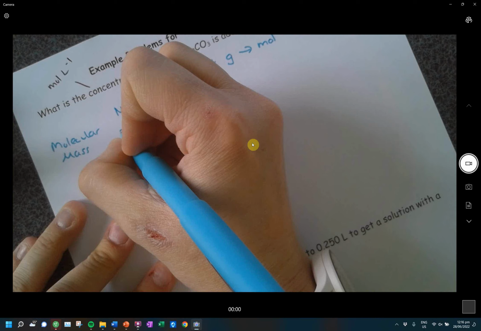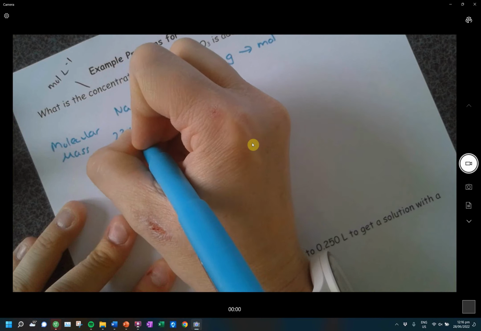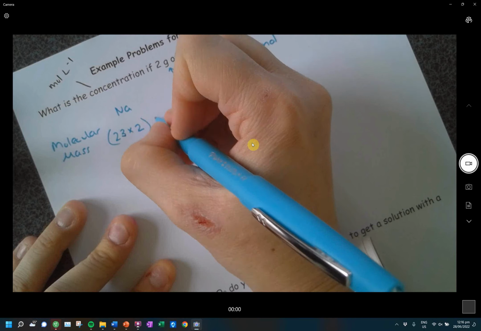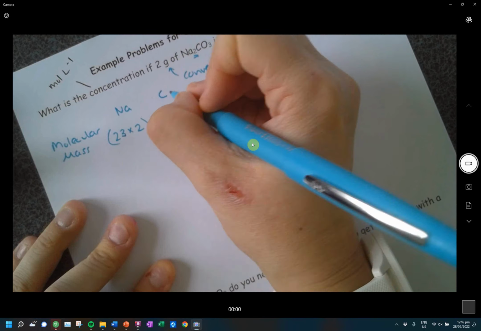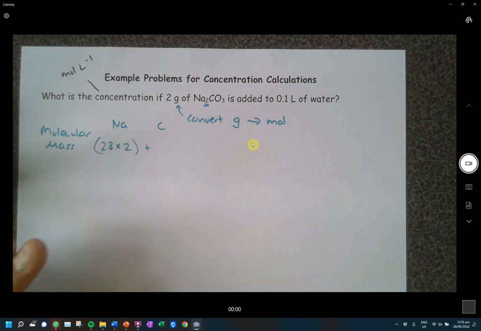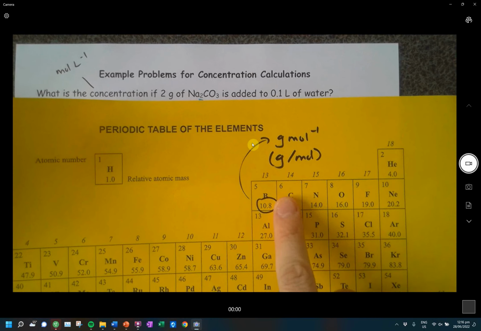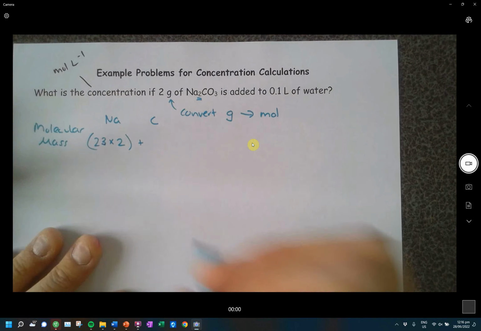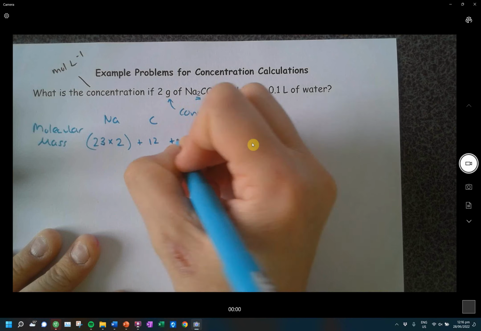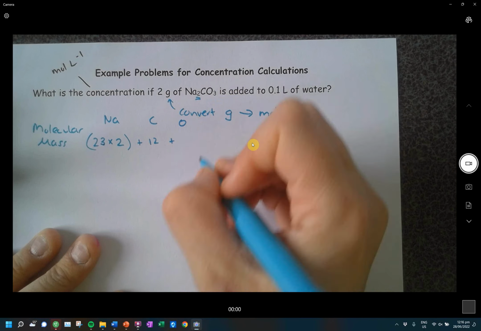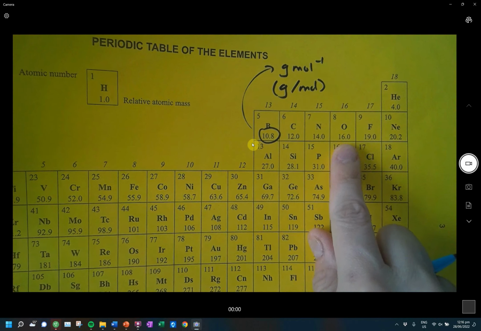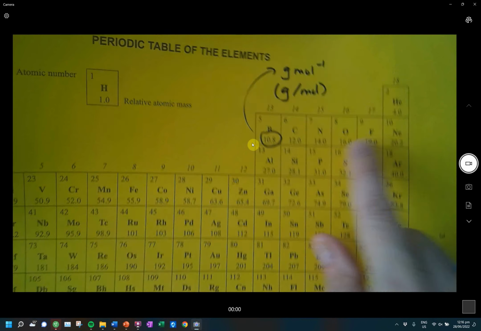So I'm doing 23 times 2, because I have 2 here. I'm going to add in my carbon. What's carbon's atomic mass? That's the atomic number. Atomic mass is 12. I want the weight of it. And then the last thing I have is oxygen, which has the atomic mass of 16.